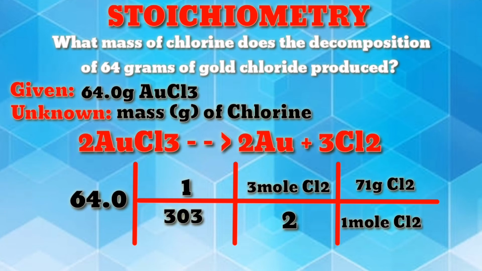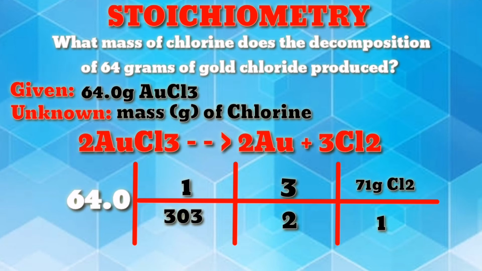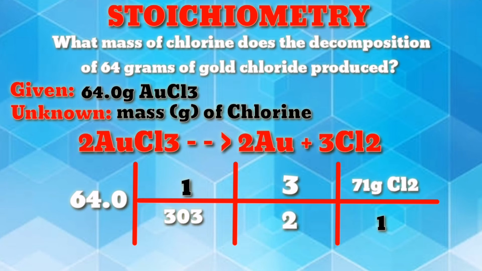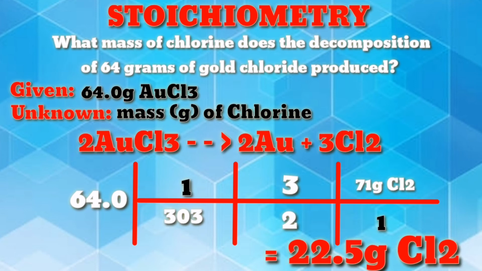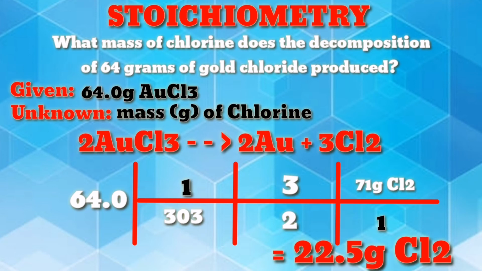Excellent. Then, cancel out the mole of chlorine above and below. Now, get your calculator and solve. That's 64 divided by 303 times 3 divided by 2 times 71 equals 22.5 grams chlorine gas.